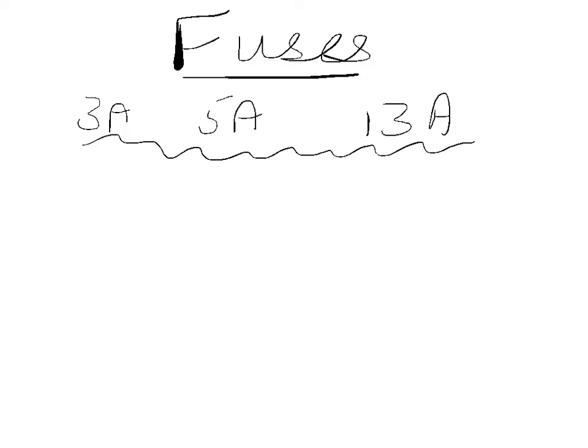Now the example that we're going to go through is as follows, and you need to sketch the circuit diagram, which is going to be consisting of a 240 volt supply. That's an alternating voltage supply.